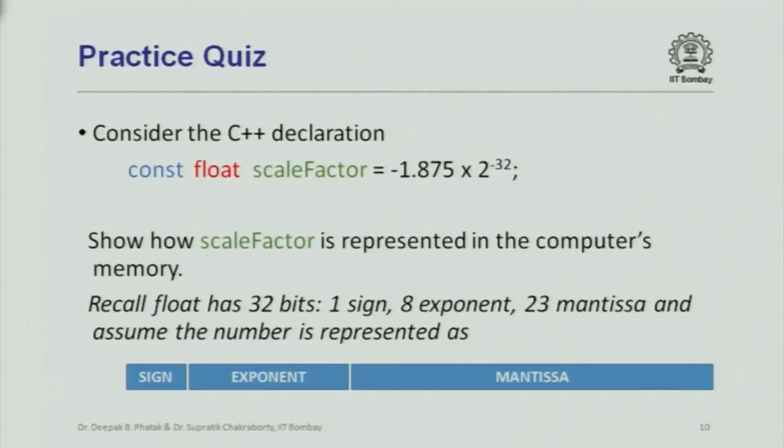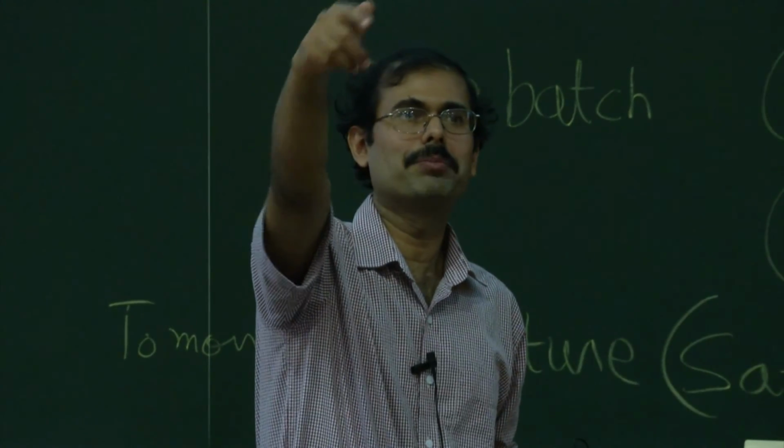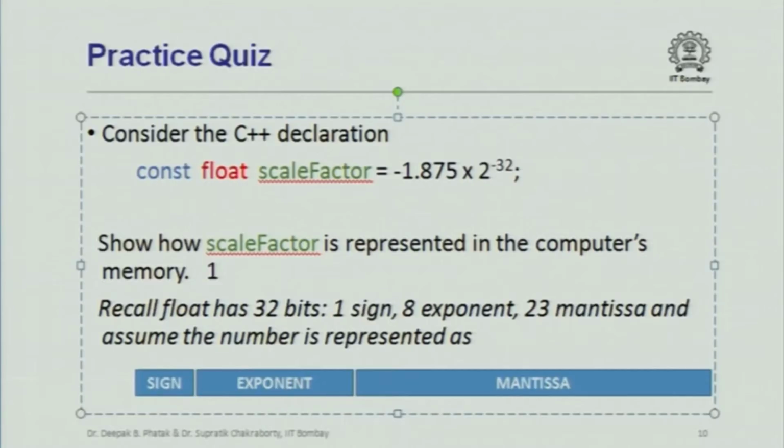Let me randomly pick up somebody. Yes, with the striped t-shirt. 1.111, and then 19 zeros, whole bunch of zeros. Okay, how many people got some mantissa different from this?